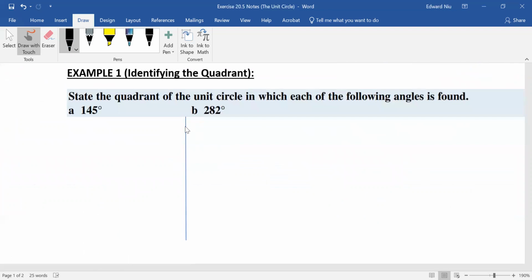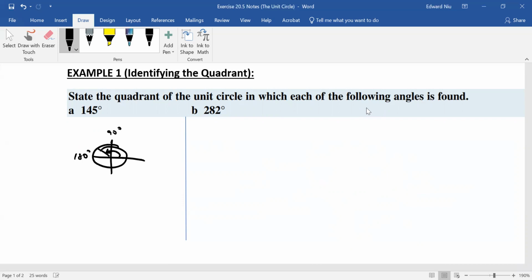Example 1 here says, state the quadrant of the unit circle in which each of the following angles is found. So if we have ourselves a unit circle, 140 degrees, so this is 90 degrees. Okay, this is 180 degrees. 145, sorry, is somewhere closer to 180.